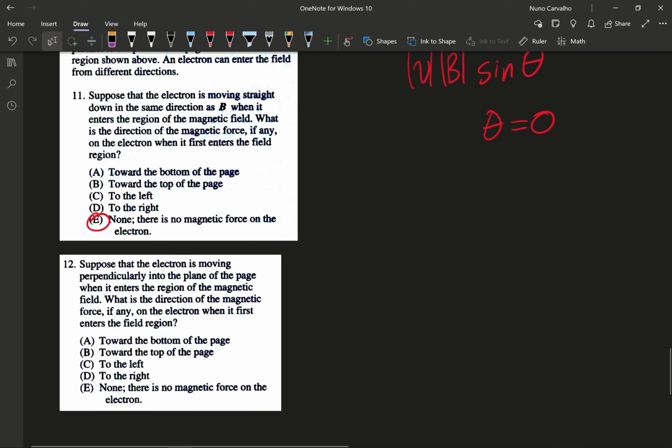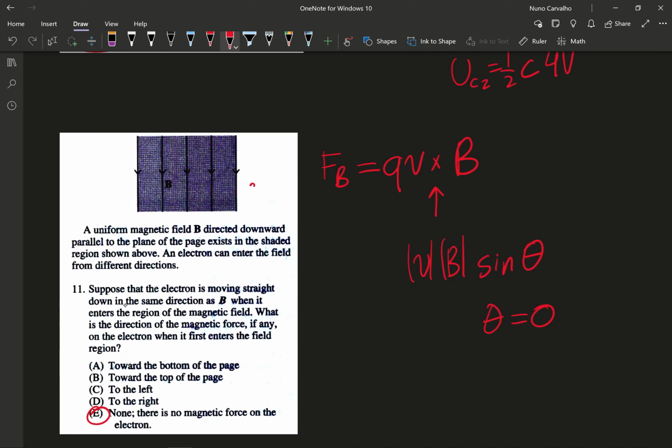Number 12, we're still working with the same illustration from before, but now we say, suppose that the electron is moving perpendicularly into the page when it enters the region of the magnetic field. What is the direction of the magnetic force, if any, on the electron when it first enters the field region? Okay, so now if we have an electron that's going into the page, its velocity is drawn with a cross, like that.